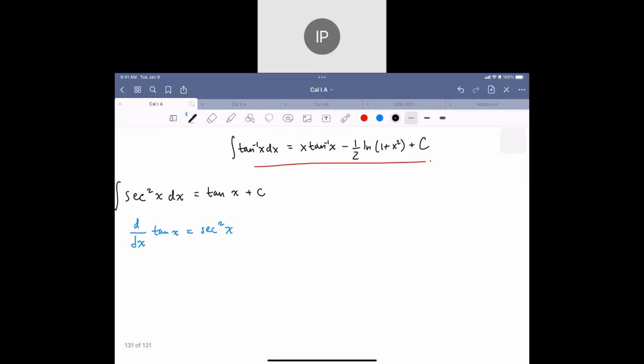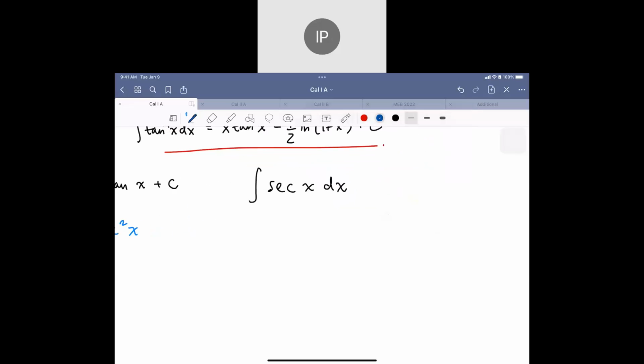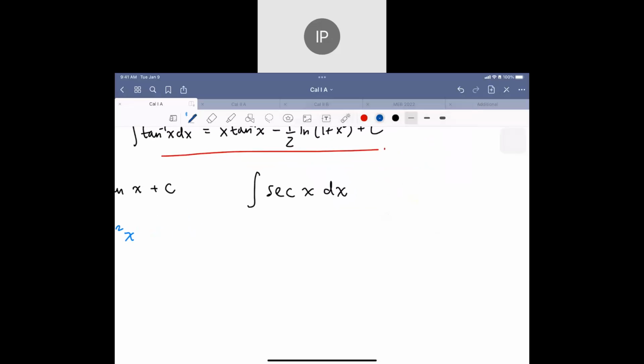Now, one special integration is the integral of sec x dx. Okay, how to integrate this secant x? One way to solve it is we can imagine, we start with some imagination. We can imagine the secant x being differentiated, and then see the pattern.